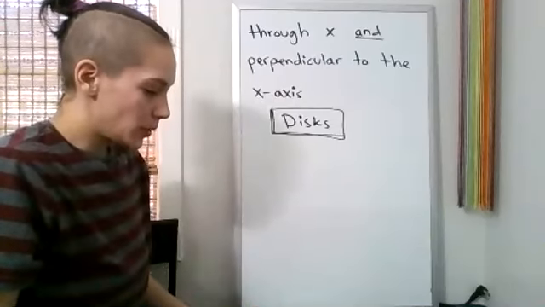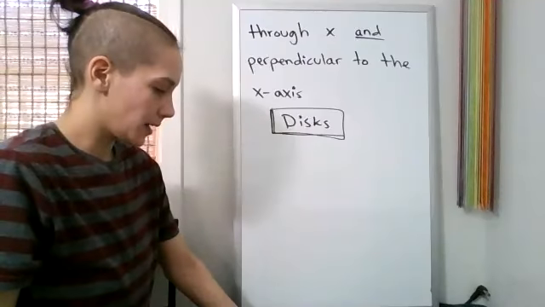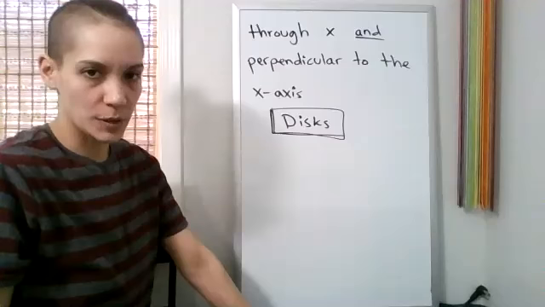So we're going to show that the volume of a sphere of radius r is 4/3 pi r cubed.